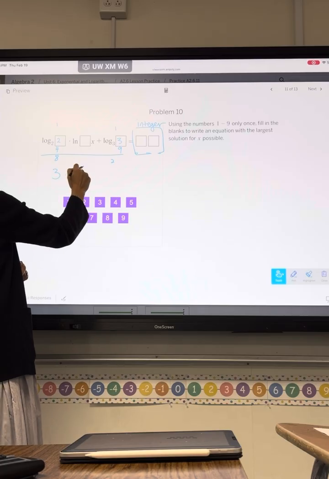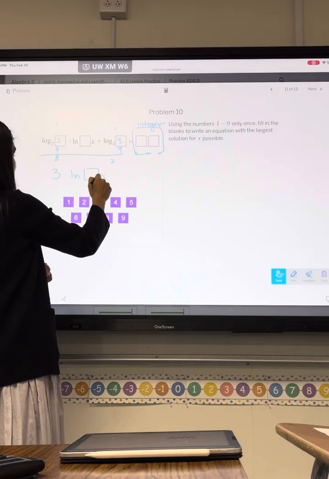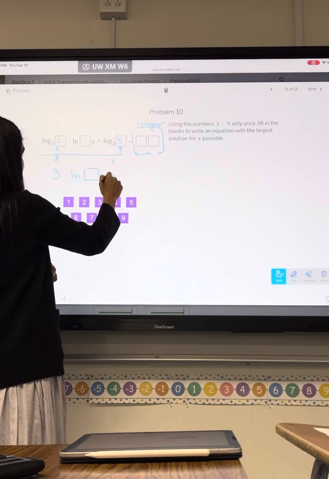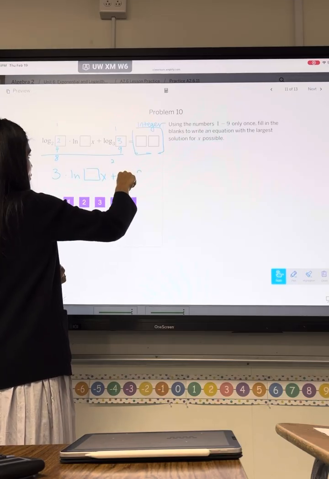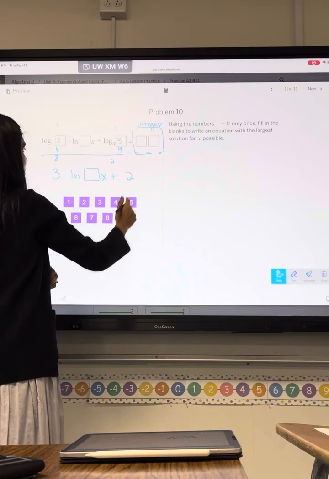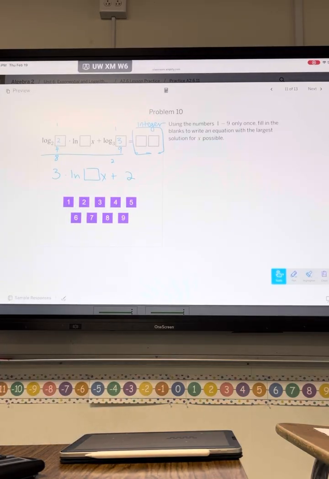times ln of something x plus log base 3 of 9, which is 2. But well, how is ln of something x going to come out to be an integer?